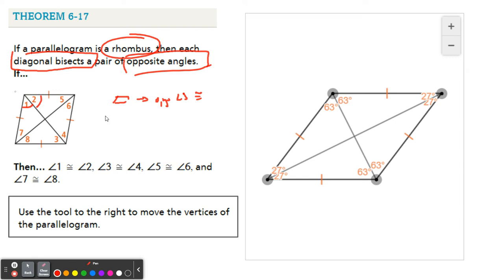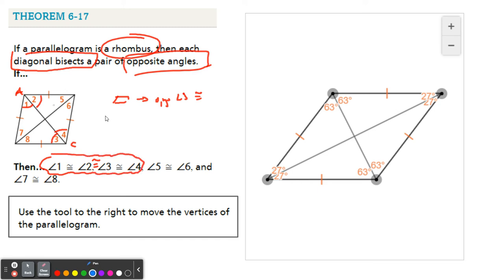So this big angle here, say this is A and that's C, those two angles are congruent. So when each of them is bisected, the results of the bisection are congruent. So 3 and 4 will be congruent to each other, and 1 and 2. So actually, angles 1, 2, 3, and 4 are congruent, all four of them.